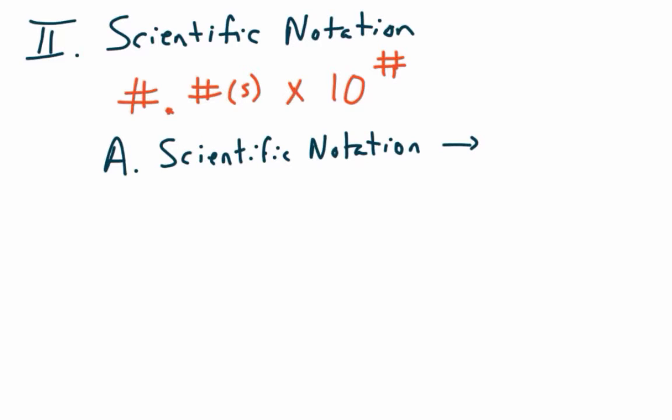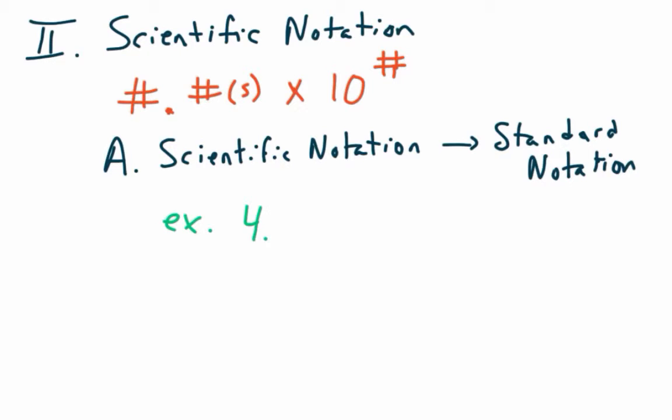You could write normal if you wanted to. I'm going to go with what they do and say standard notation, because that's the instructions that the book is going to give you. That's what I'm going to write on your test and so on. My first example then, I have 4.23 times 10 to the 5th.